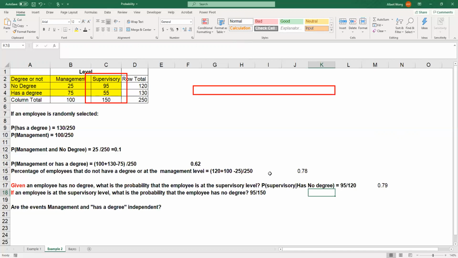Unless you have to do a comparison, a lot of times giving this answer would be satisfactory. So if you want to convert this number into decimals, of course you can. But as I said, you can actually just leave it as the fraction, right? So this is 0.63.